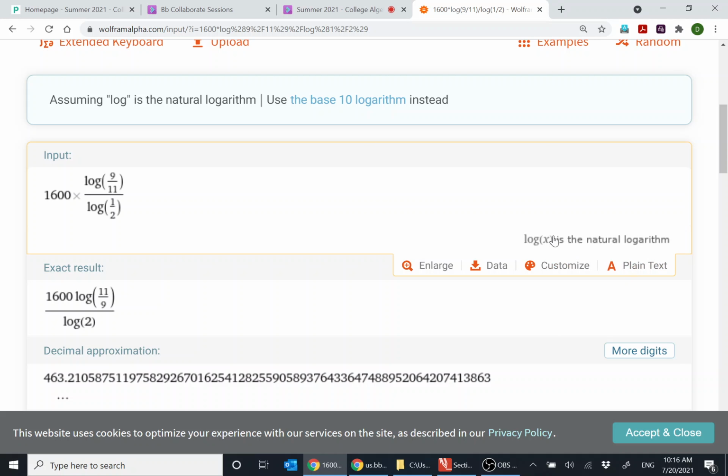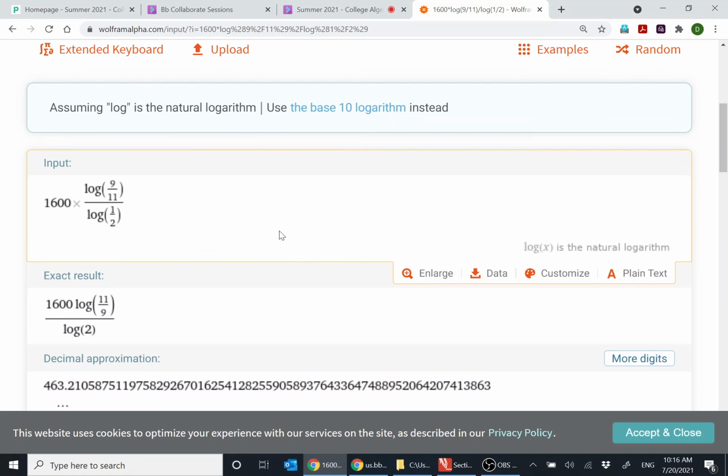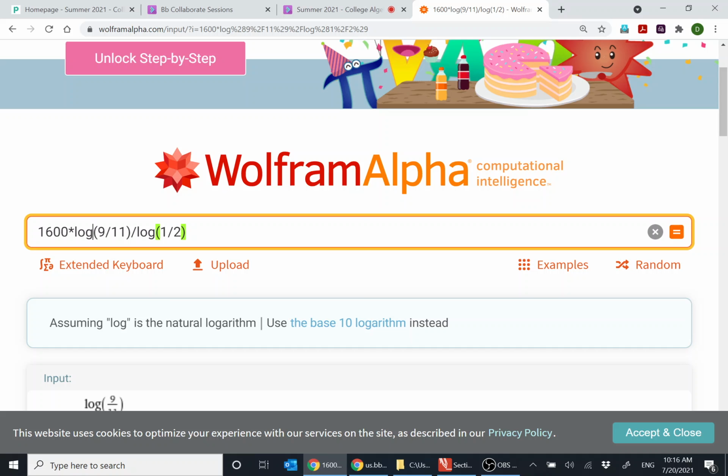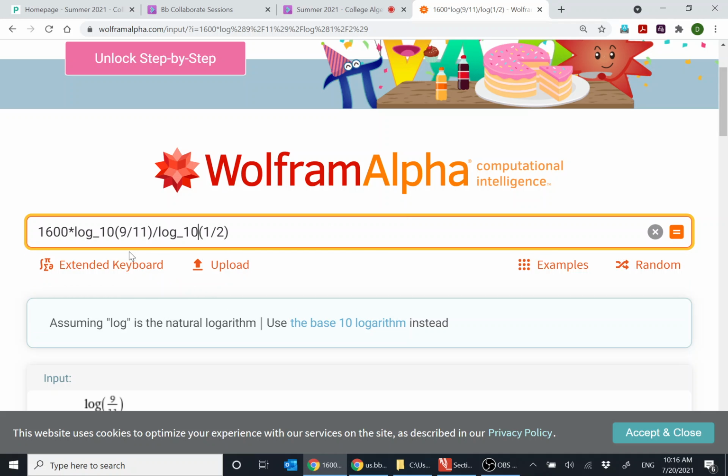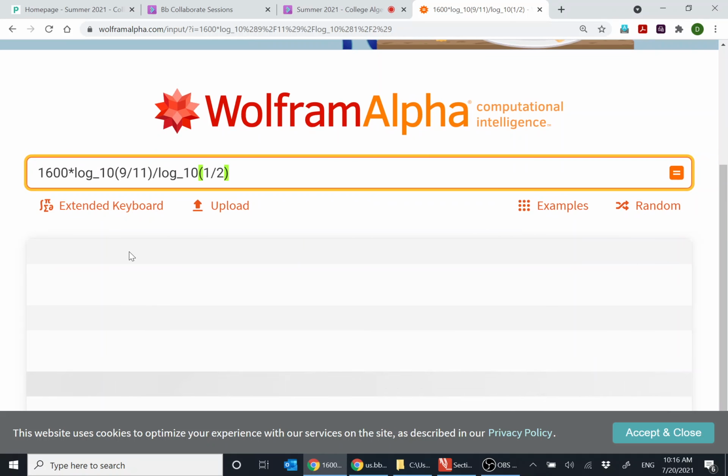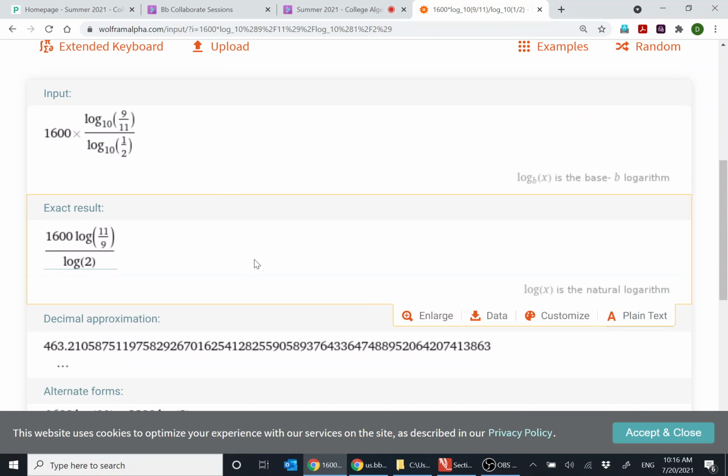And here they're saying log x is a natural logarithm. It doesn't really matter because you can use it. Let's see, log base 10, see if it understands it that way. It did.